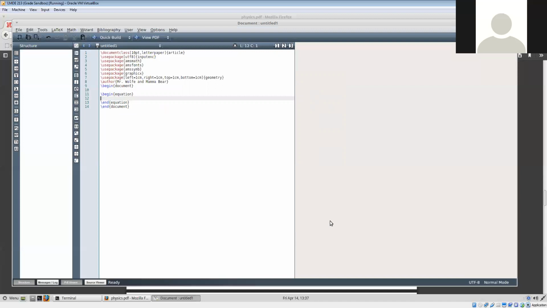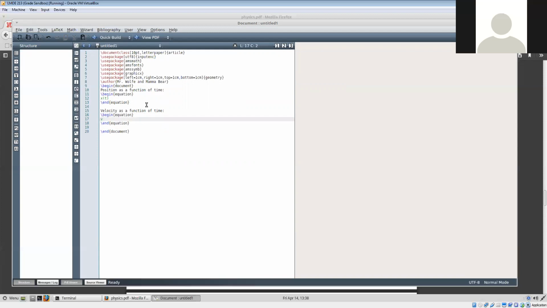So let's say we've got position as a function of time, and then velocity as a function of time. That's just going to be the derivative of position.